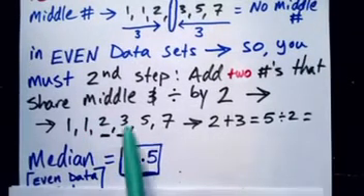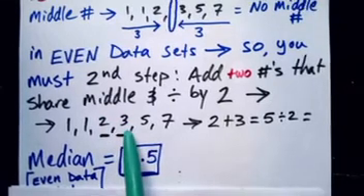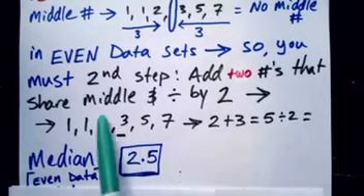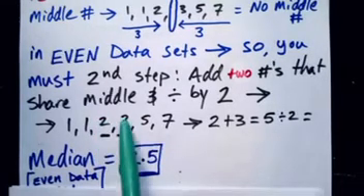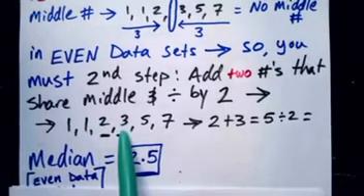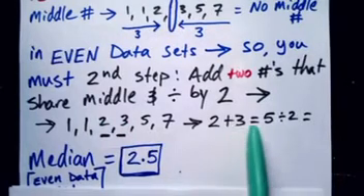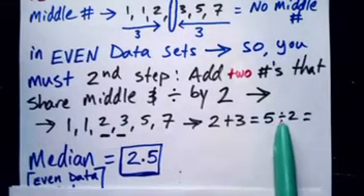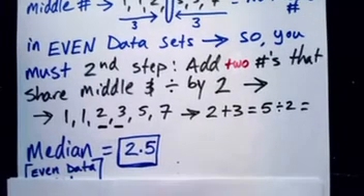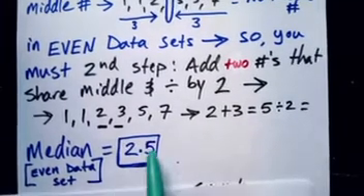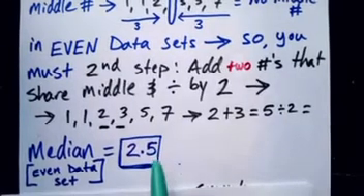So we're going to add 2 plus 3 and then divide by 2. Why do we divide by 2? Well, we're taking the average of these 2 middle numbers, and when you take the average, you add them up and divide by the number of numbers you added together. So 2 plus 3 equals 5. We divide 5 by 2, and that gives us a median of the even data set of 2.5.